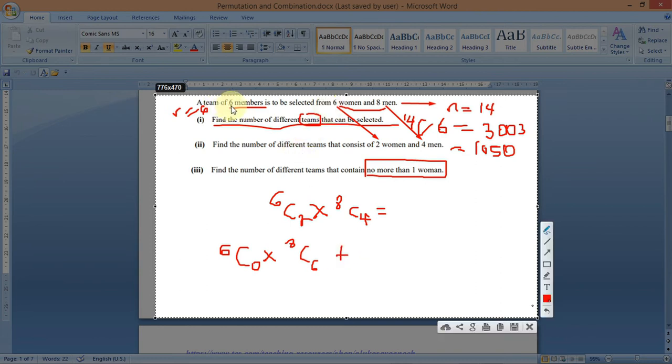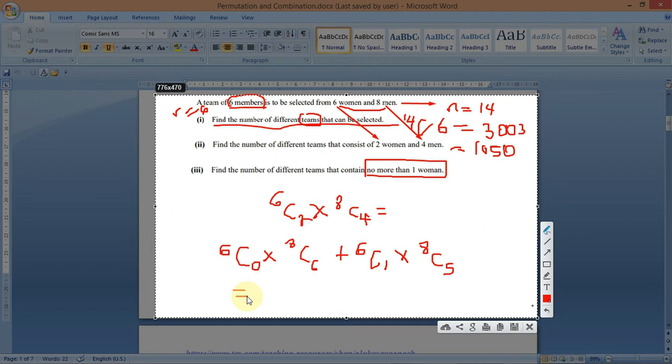If I don't have any woman, that means all 6 are men. Plus then one woman, that is 6 combination 1, which is the maximum, because there are no more than one woman, times 8 combination 5, since I'm forming 6 members and I have 1 woman, I'll be left with 5 for the men, and that should give me my answer.